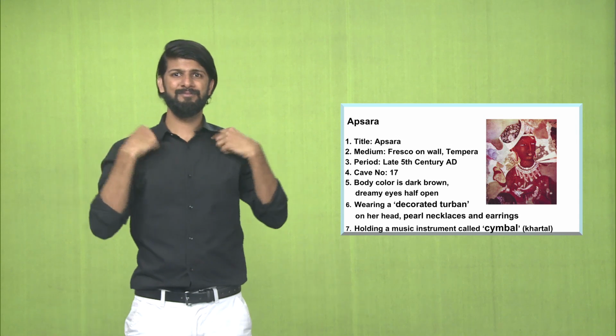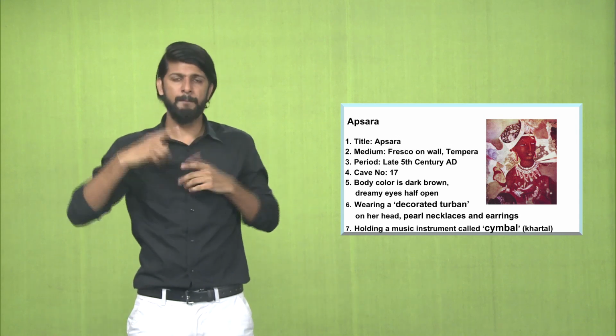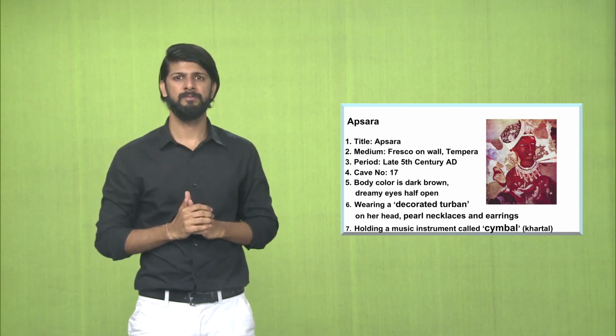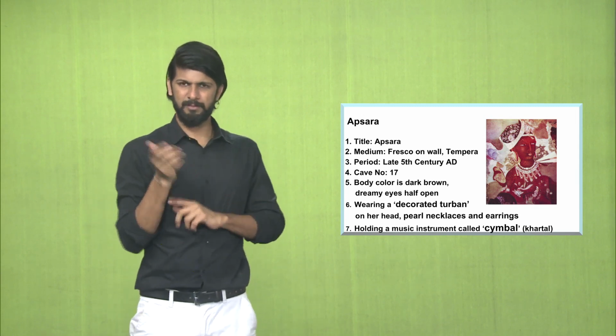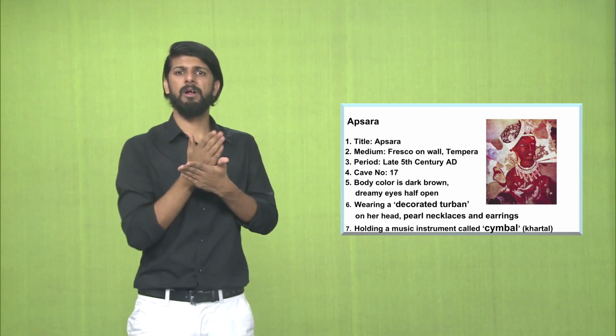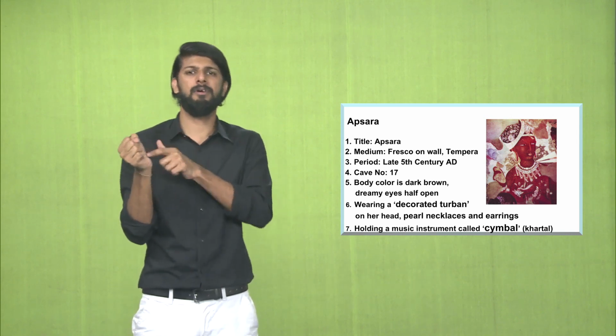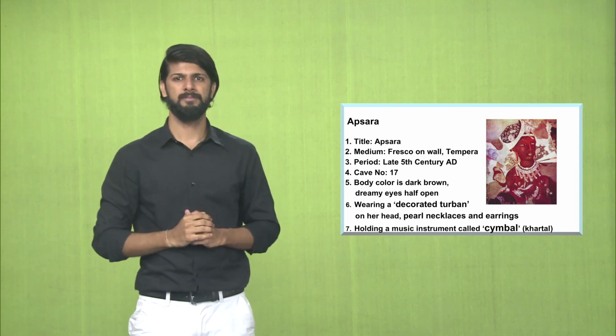He also is wearing pearl necklaces and earrings. The Apsara is holding a musical instrument which is called cymbal or a khartal.